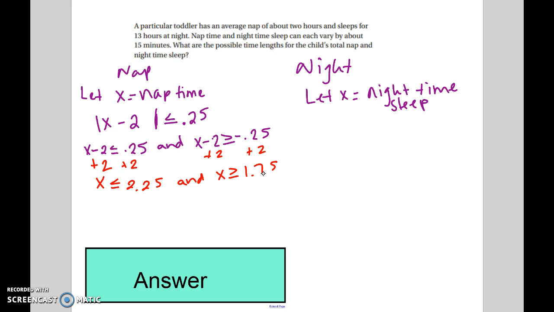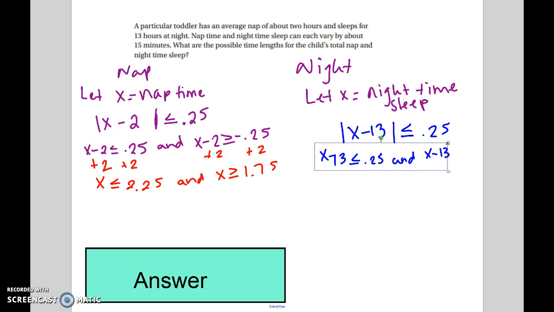So we do the same thing with nighttime. Again, my variation is 0.25, so it's going to be less than or equal to 0.25. And inside my absolute value is always going to be my total nighttime sleep, x, minus the average nighttime sleep, which in this case is 13 hours. I do my two equations. x minus 13 is less than or equal to 0.25, and x minus 13 is greater than or equal to negative 0.25.